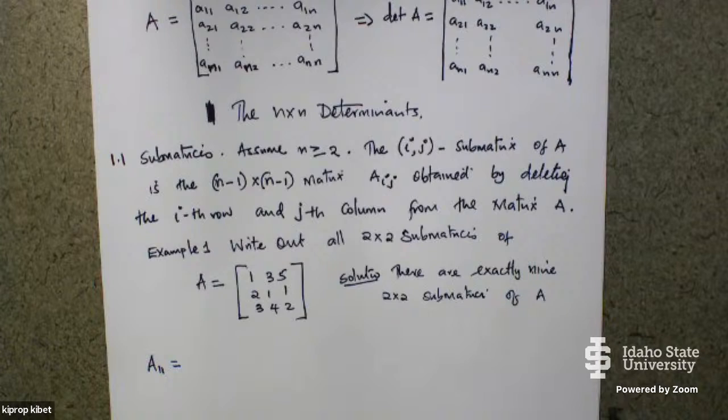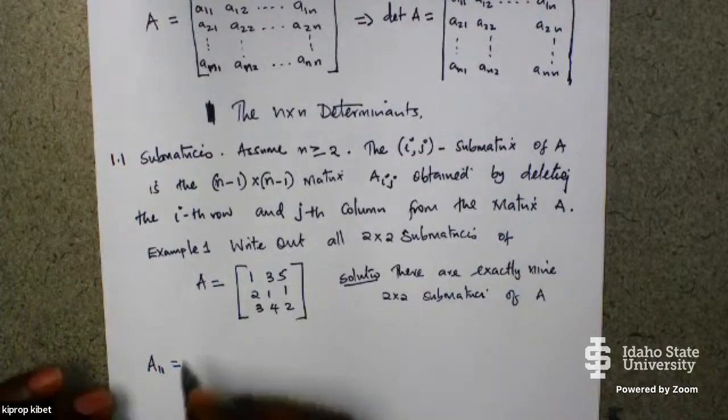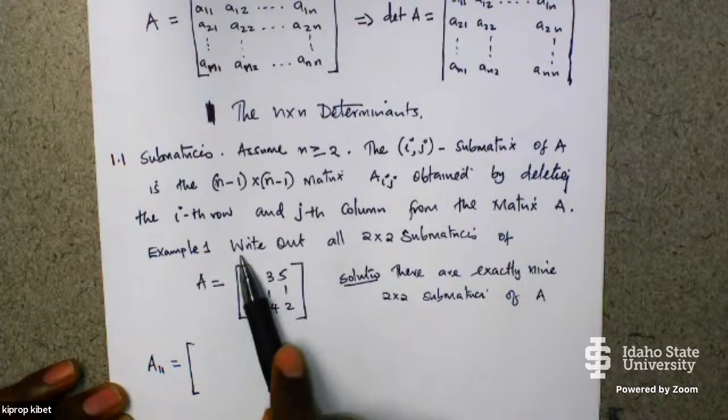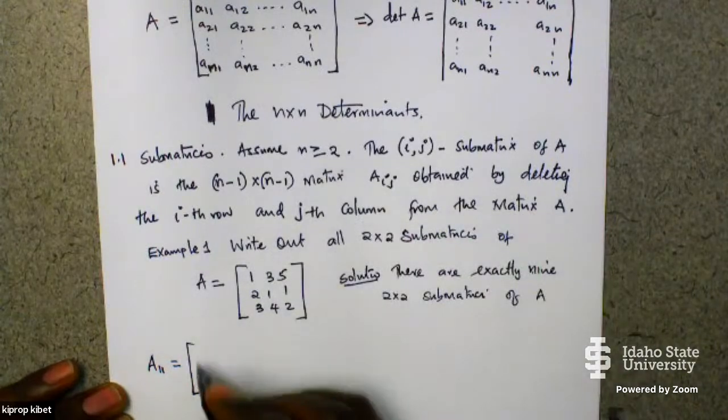When you delete the first row and the first column, we get 1, 1, 4, and 2.